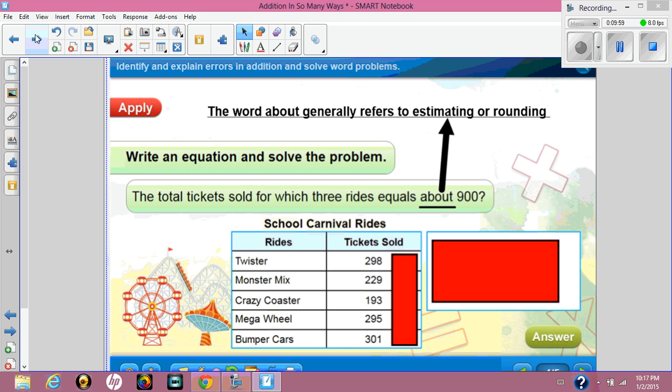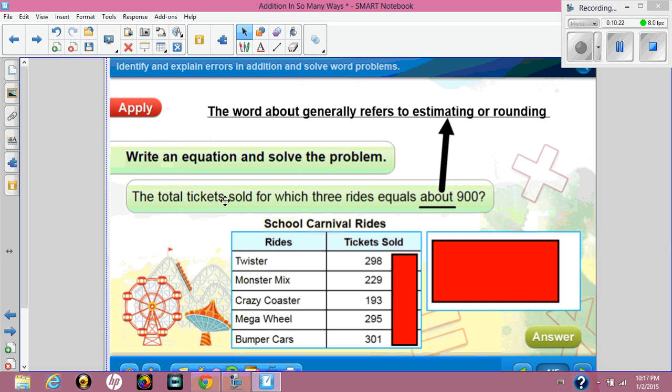It says the total tickets sold for which 3 rides equals about 900. When we see the word about, that word generally refers to estimating or rounding. So we're not looking for an exact amount as much as an approximate amount using rounding.